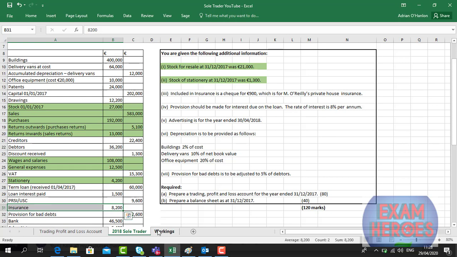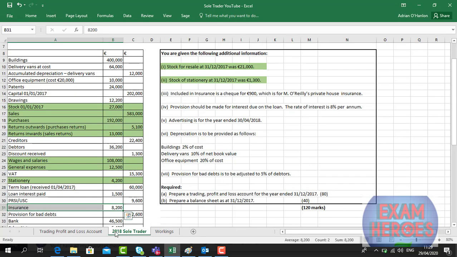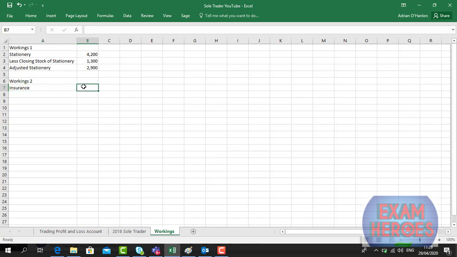So let's come up here to my workings. Workings 2. And I put in my insurance. Let's check that again, it was 8,200. And we have to take out 900. So less private house.